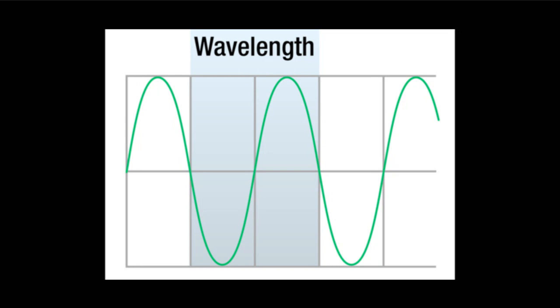So your wavelength is the distance it takes to complete one cycle. So peak to peak or valley to valley. What is that distance? Now, going back to frequency, we just said wavelength and frequency are inversely related. So as frequency increases, your wavelength is going to decrease.